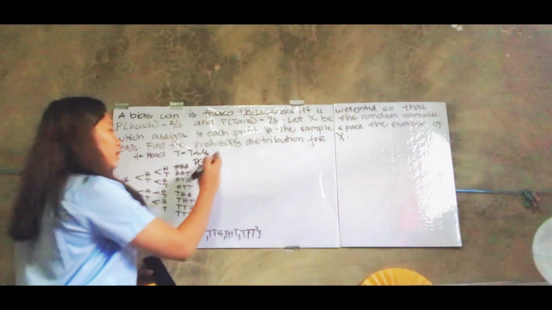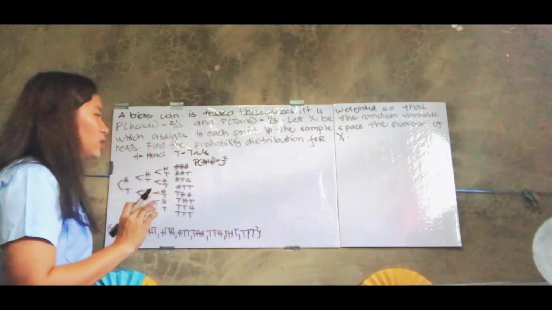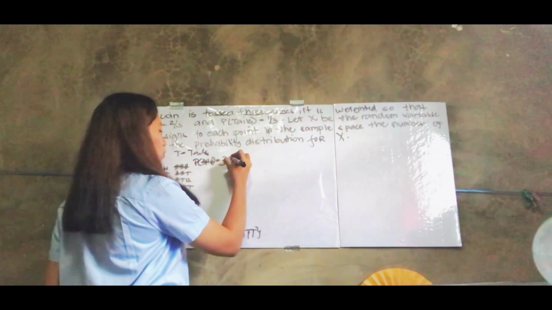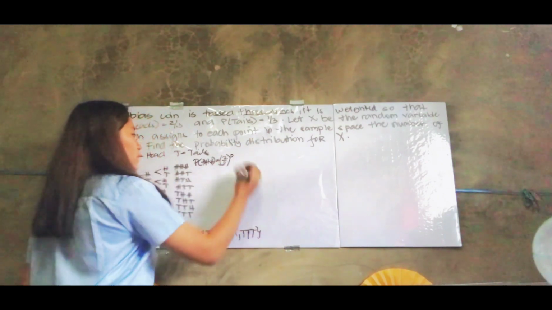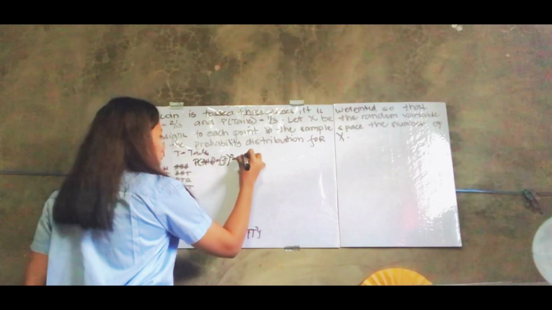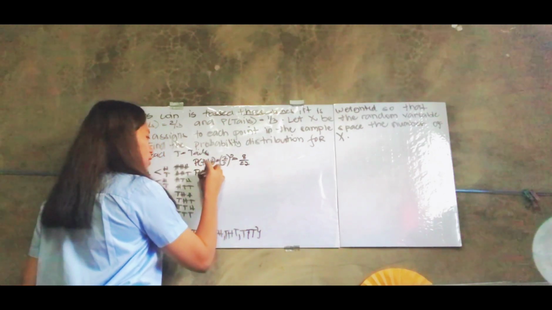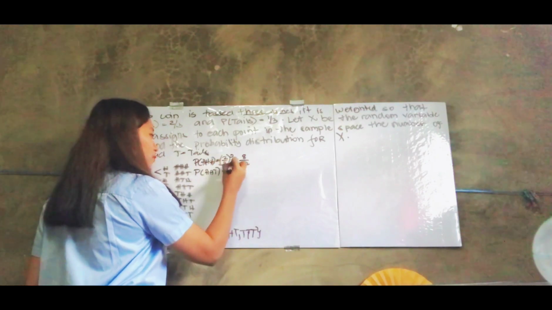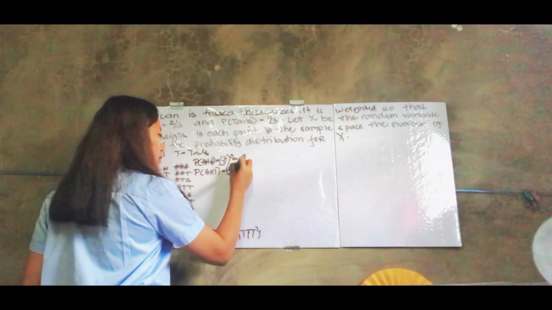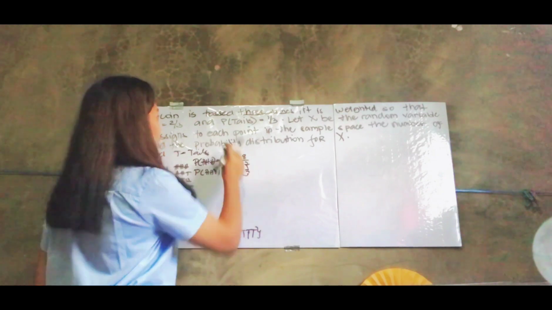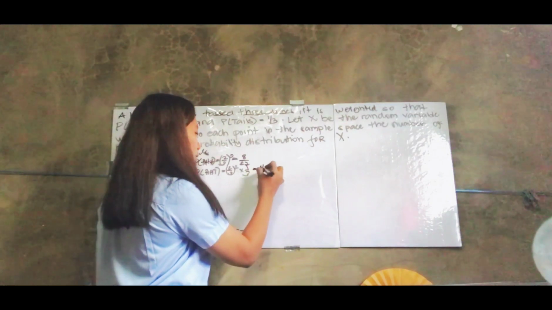So, 2/3 multiplied by 2/3 multiplied by 2/3, or 2 raised to 3, or 2 cubed, to make it easier. So, it is equal to 8/27. Probability of HHT, we have 2/3 squared multiplied by 1/3. 1/3 is our probability of tail. So, equals 4/27.